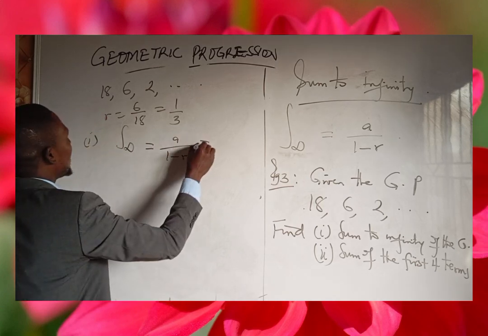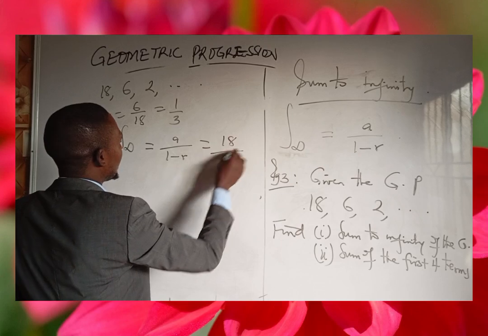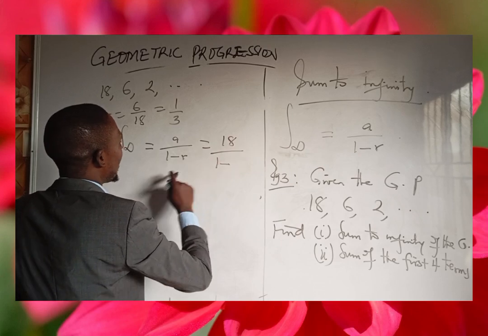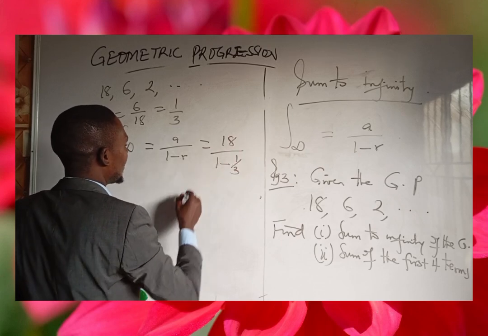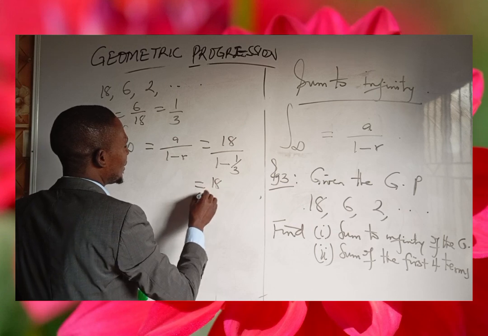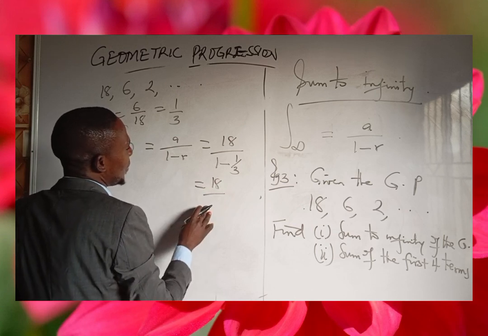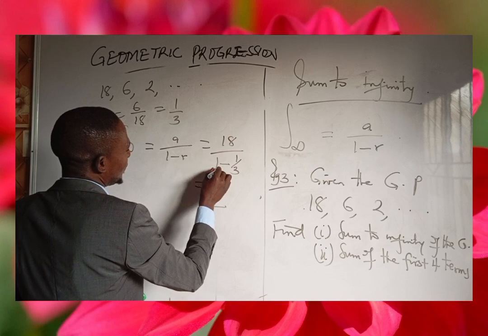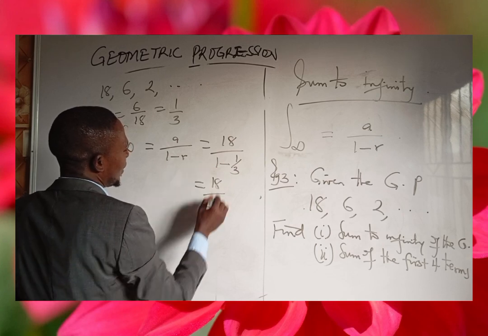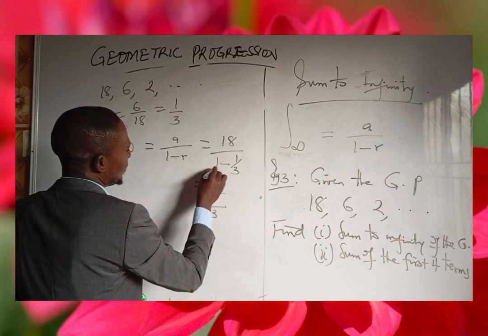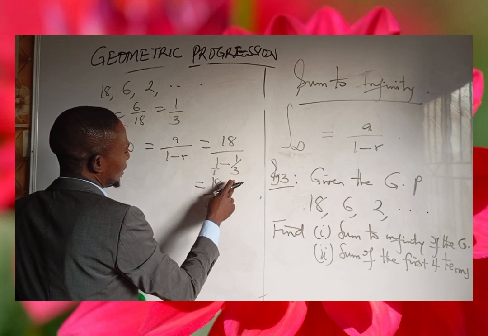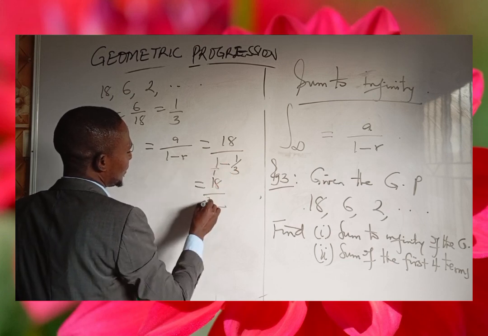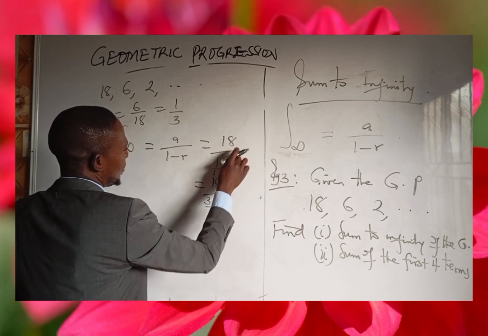And what is A here? A is 18, divided by 1 minus R, which is 1 minus 1/3, which is 18 divided by, here is the same thing as 1/1. So the LCM is 3. 3 times 1 is 3, 3 and 3 is 1, 1 times 1 is 1.